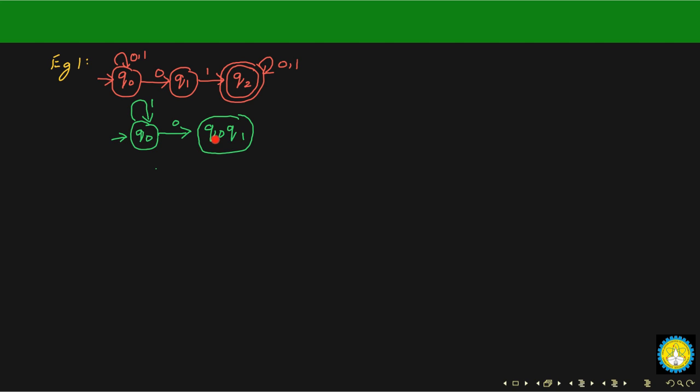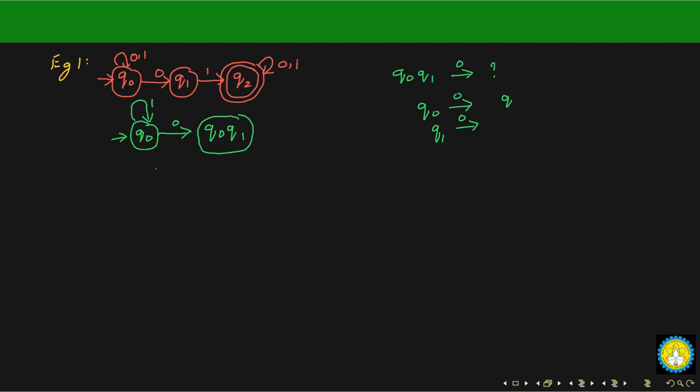Now to identify Q0 Q1's transition, you have to look at both Q0 and Q1, right? So let's do it. We want to identify Q0 Q1 on 0. So we have to write the transition of Q0 on 0 as well as Q1 on 0. Q0 on 0 is known to us.